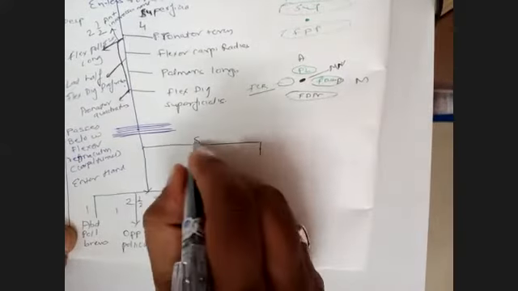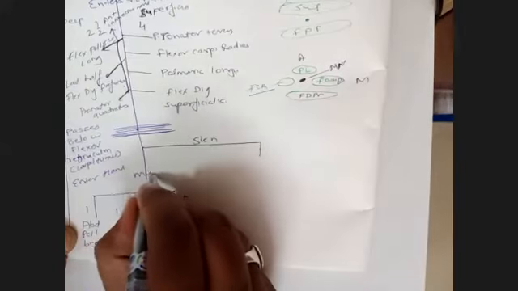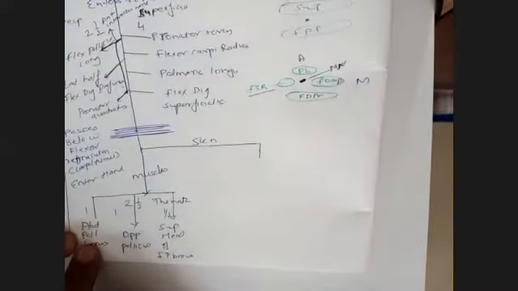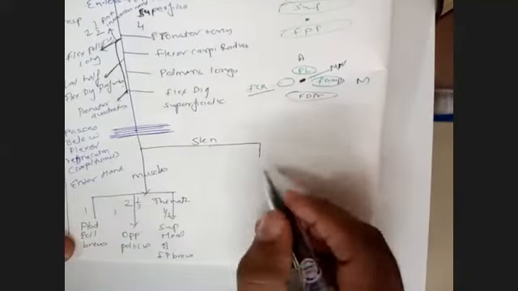And then it supplies the skin. So in the hand it supplies 2.5 muscles of the thenar eminence: abductor pollicis brevis, opponens pollicis, and superficial head of flexor pollicis brevis.